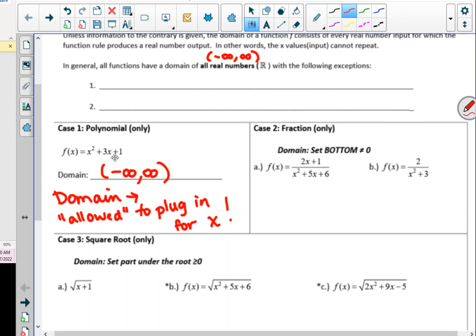So polynomials, anybody we want to plug in keeps it defined. There's only 2 times we have to worry for algebraic functions, for the function to become undefined.